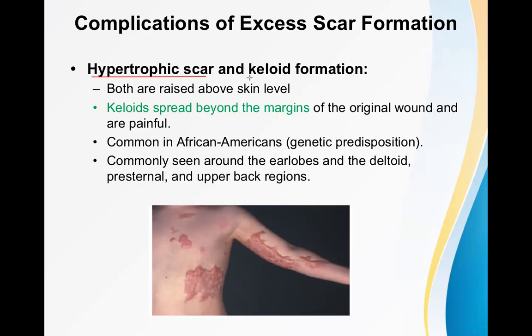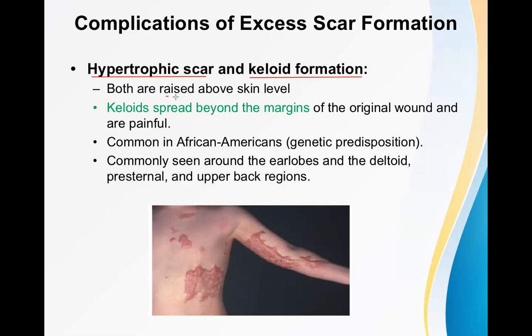And keloid is like a tumor. The scar is not only elevated from the wound margin, but it is also going sideways. It is growing like a tumor everywhere. It is coming above the wound margin, and it is going on the side as well. This is the basic difference between these two terms.